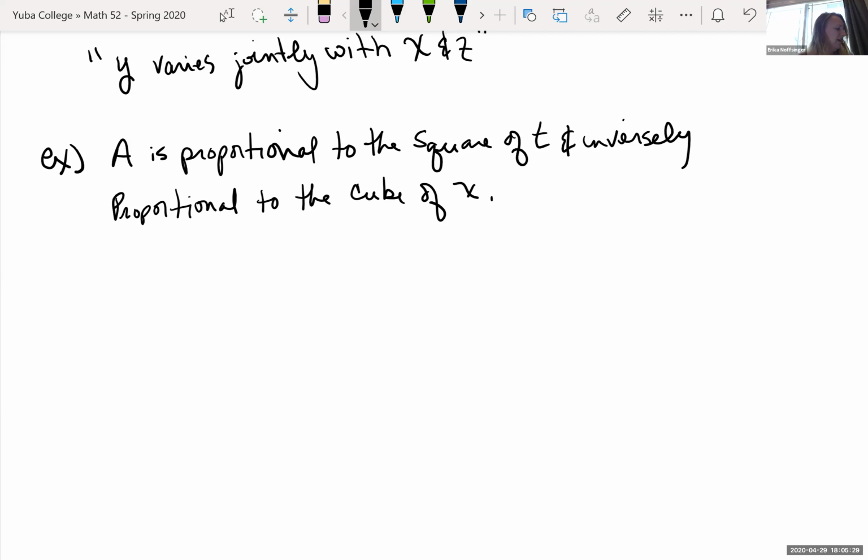Okay, so in this example, all we're doing is writing an equation that expresses the statement. So it says A is proportional. So I know that this means A is equal to. We always have k in here. So A is equal to k. And now it's going to tell us how to do this. It's proportional to the square of t.